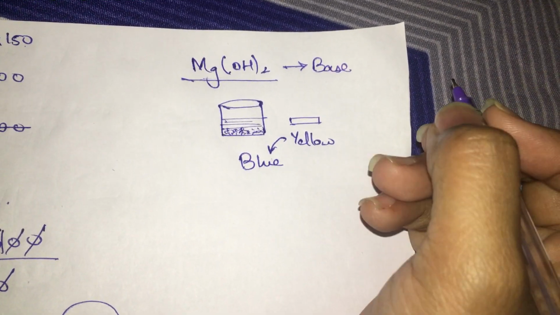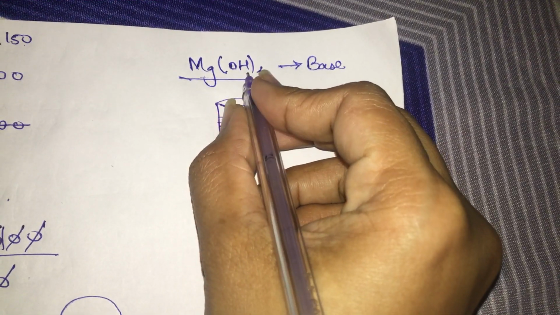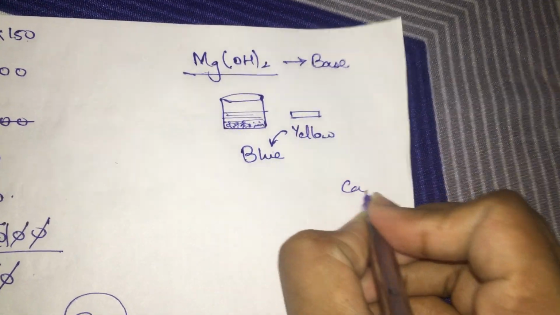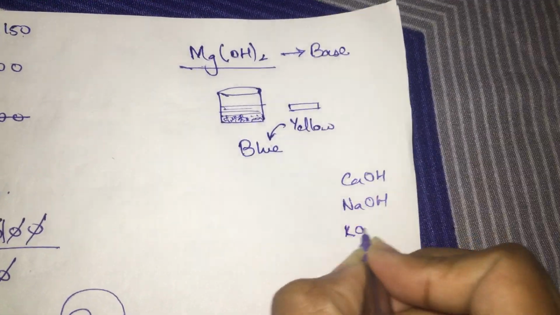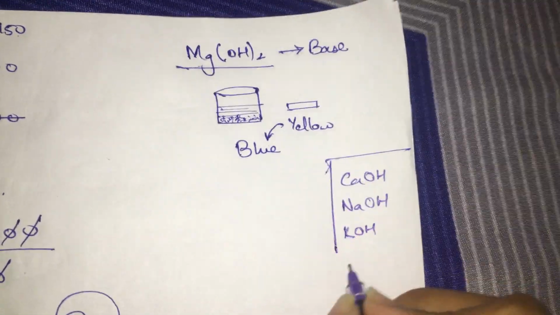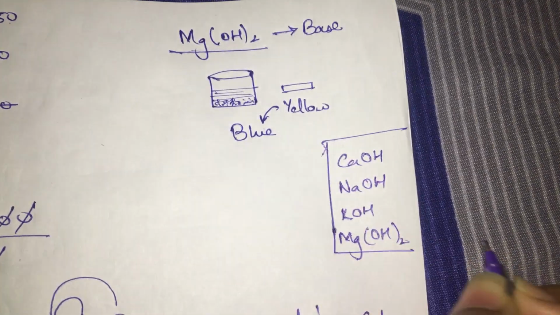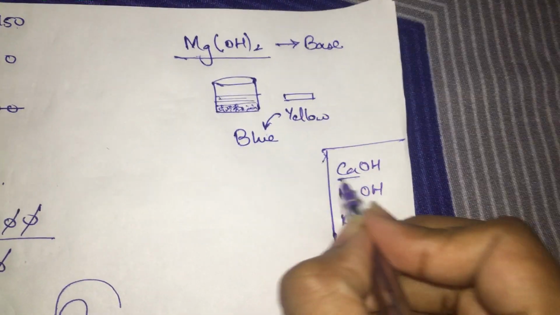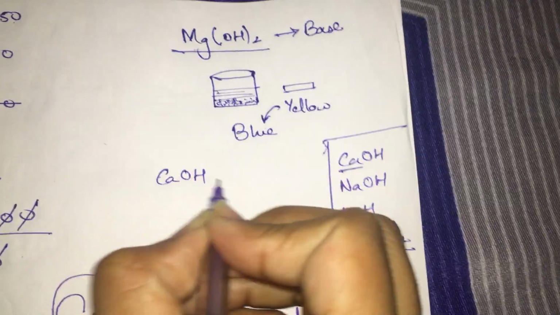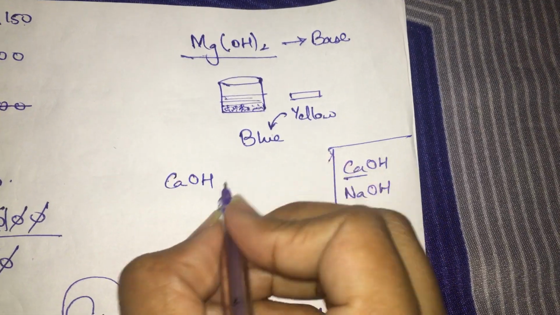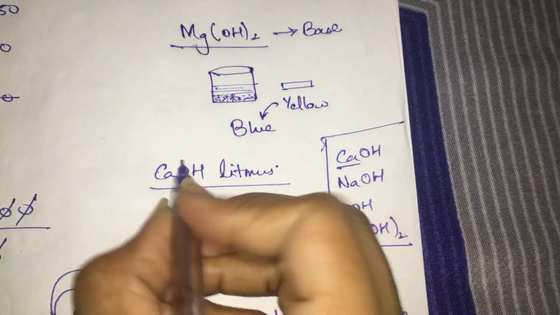Okay, and to give you a short hint, all OH containing elements are bases. CaOH, NaOH, KOH, and MgOH2, these are all bases only. So any material, if they are giving an example, CaOH, and litmus paper was dipped in it, what color will it give?